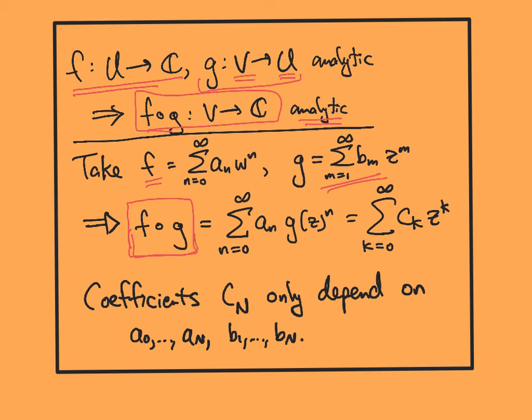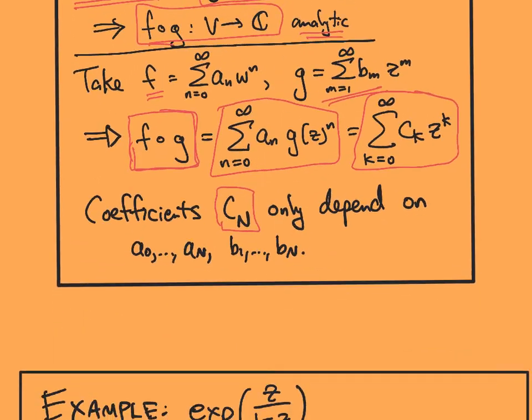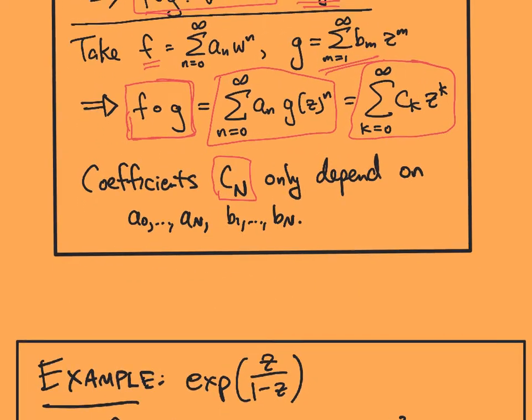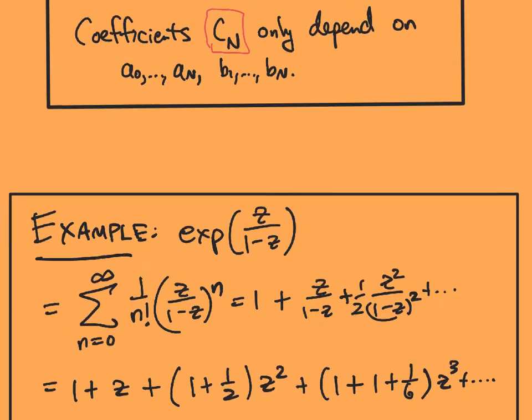So just by definition, plugging G into the power series of F gives you this infinite sum, but this has to equal a straightforward power series. So the coefficients Cn, we can compute them, and they only depend on the earlier coefficients of F and G. Let's do it with an example first and then see how it works generally.